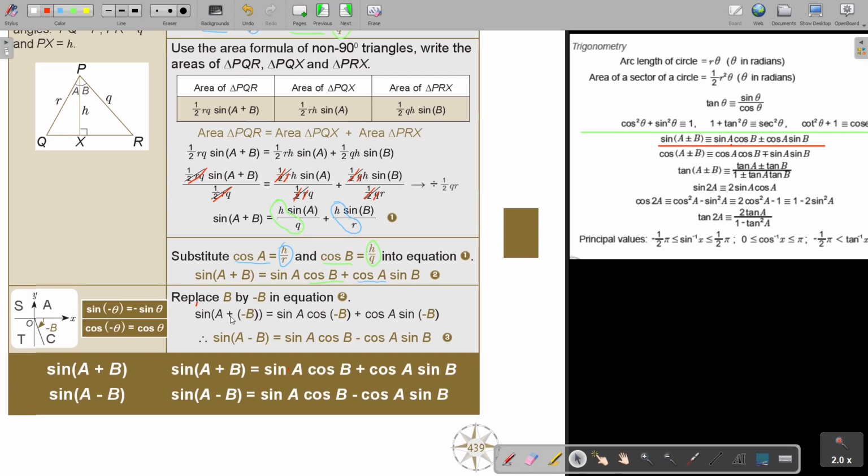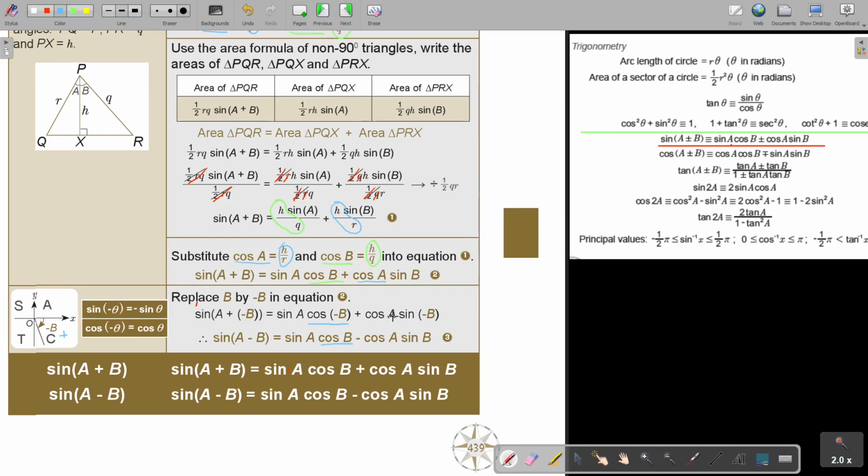In this case, it's just a positive multiply a negative, and that's a negative, not a problem. But in this case, there stands cos negative B. And now you must think of your cos diagram. Can you still remember? If you go negative B, what is cos in this one? Cos is positive. That's why it became cos B, positive cos B.